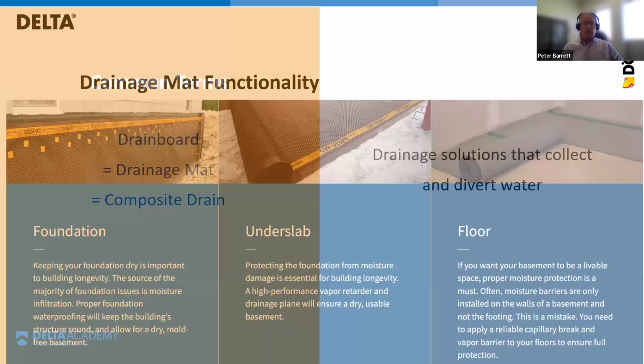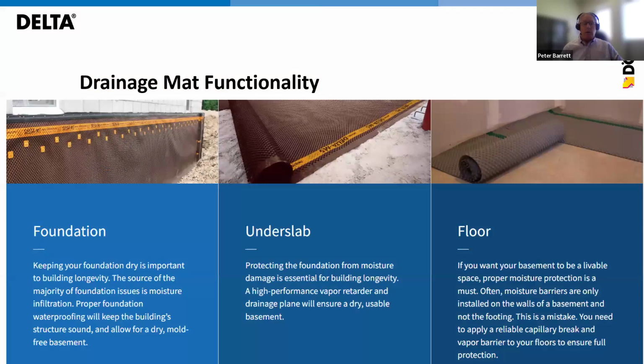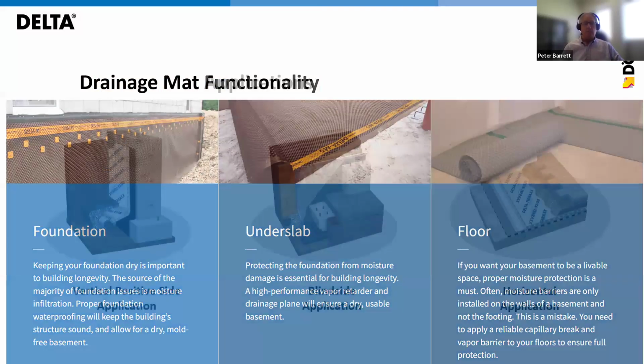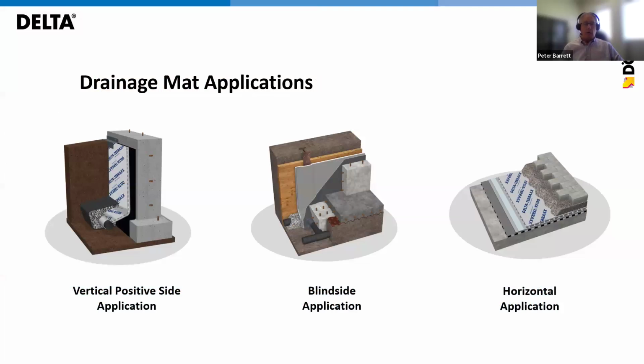All right. So where are drainage mats functional? Well, on just about every side of your foundation. You can put it on the exterior wall, you can put it under slab, you can put it on the floor. So to the exterior, we use the term vertical positive side application.